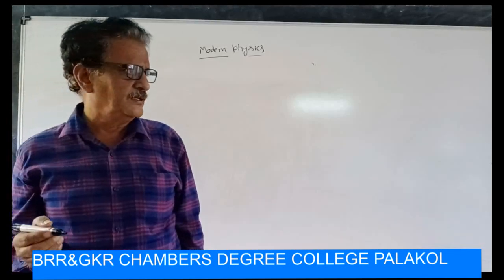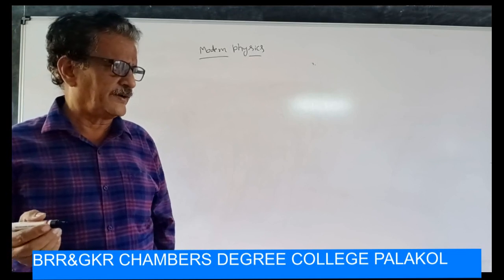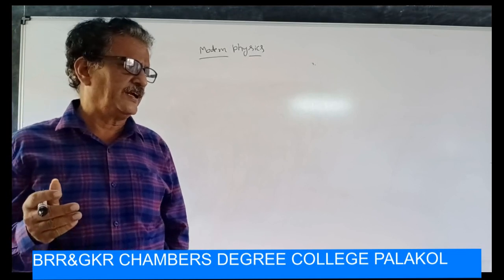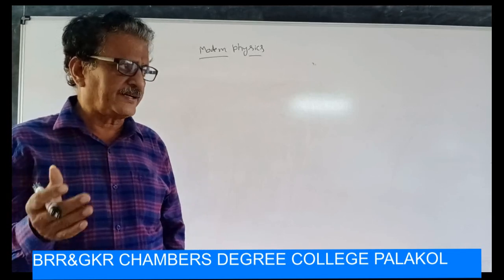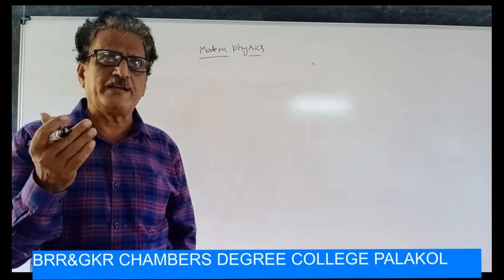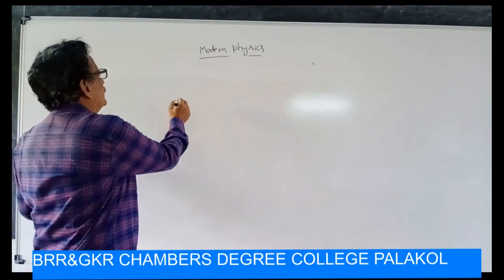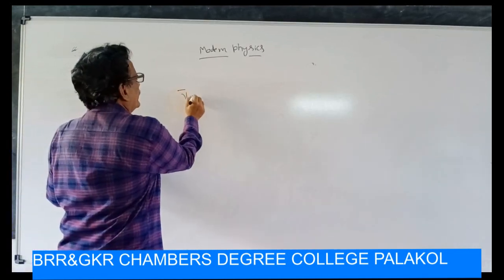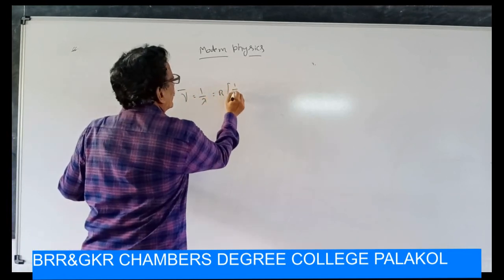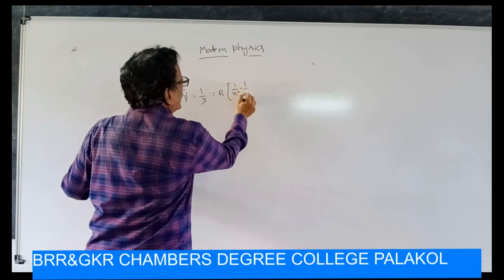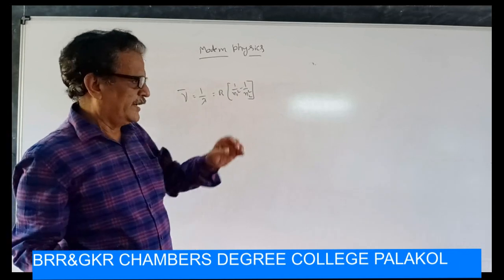The energy radiated by the atom in such a jump is given by the equation: wave number, 1 by lambda, is equal to R into 1 by n1 square minus 1 by n2 square.